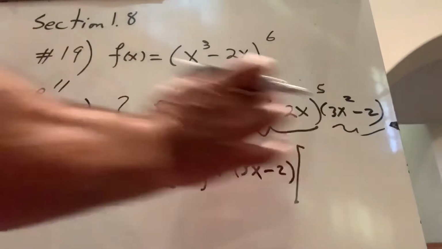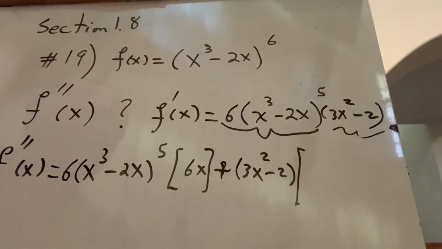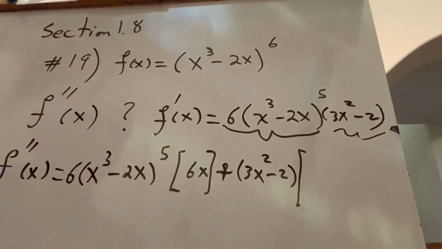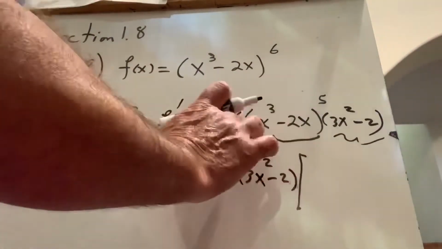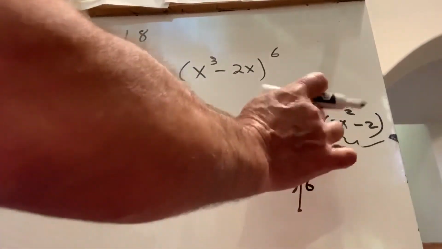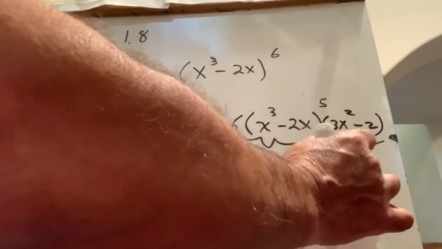Well, as you recognize, your first function is still going to be a function to a power. So we have to apply the extended power rule once again to this function. So our 6 will just stay at the front. That's the constant. And the derivative of the function to a power, as you know, is the power times the function to the power minus 1, which is of course 4.